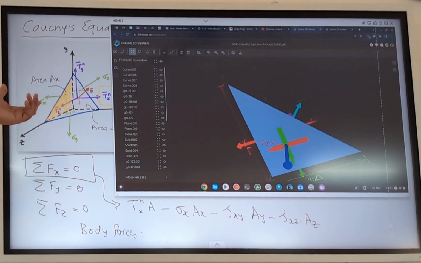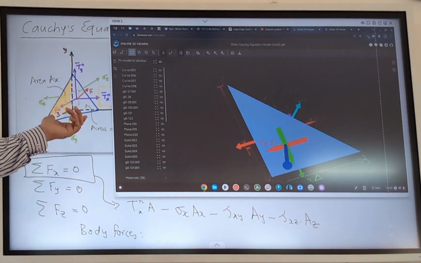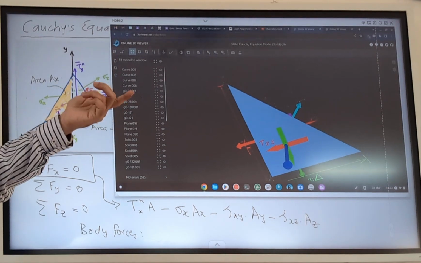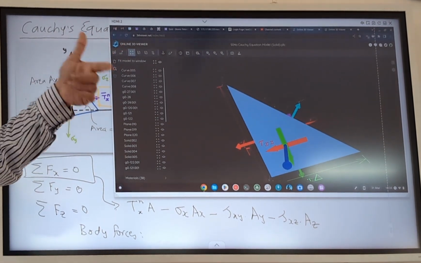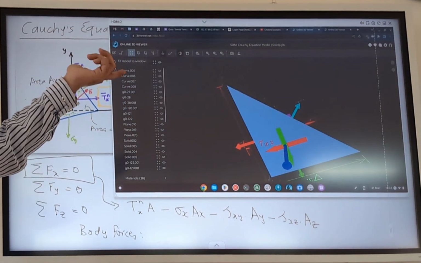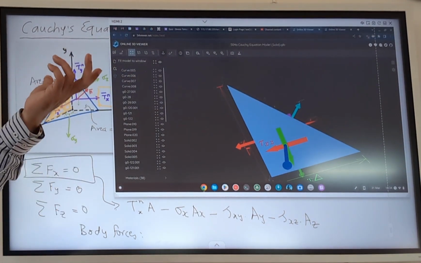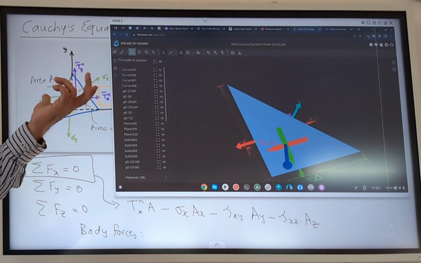The most common type of body force is the weight of the body. If this particular tetrahedron has some weight, and let's say the gravity direction is the x direction, then the density multiplied by g multiplied by the volume of this tetrahedron will give us the force acting in the x direction.